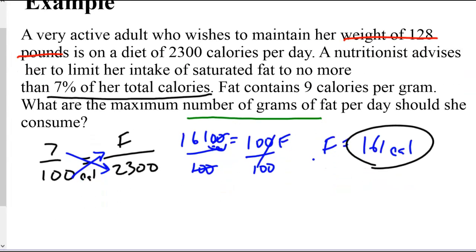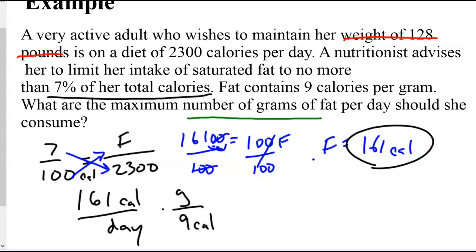Okay. So now we'll go ahead and bring down the known information that we have. So she can consume 161 calories per day. And we know that in 1 gram of fat, it contains 9 calories.